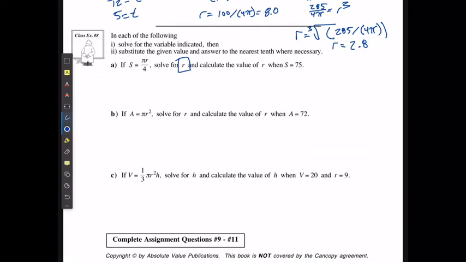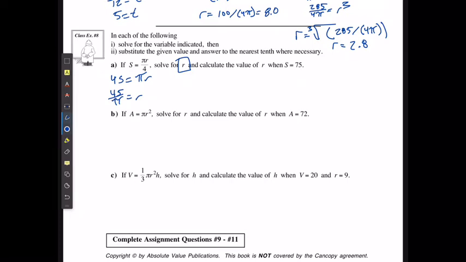And I'm going to say that 4s is equal to pi times r. Then I need to divide both sides by pi, and I'm going to say that 4s divided by pi is equal to r.